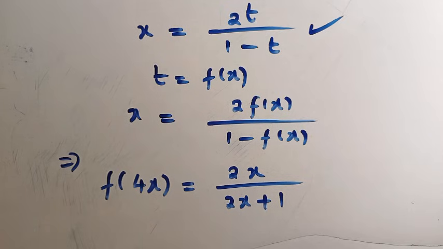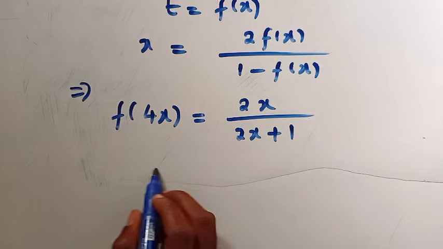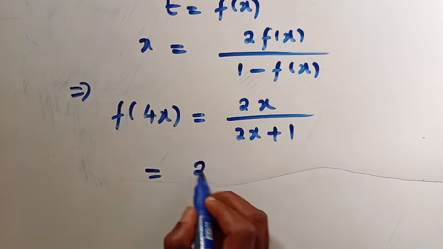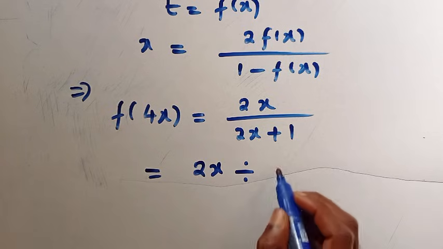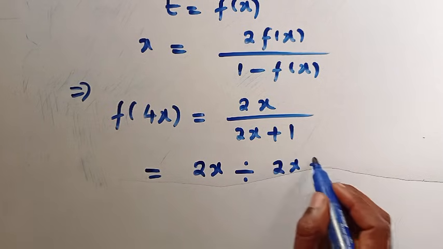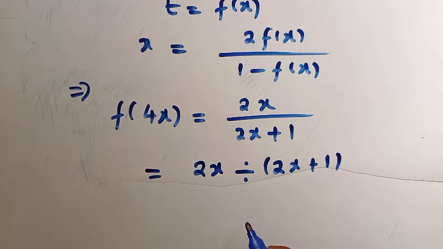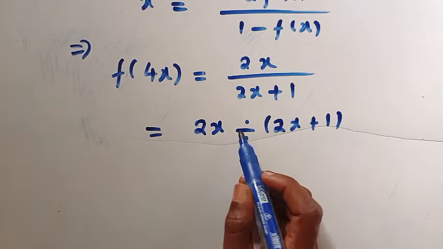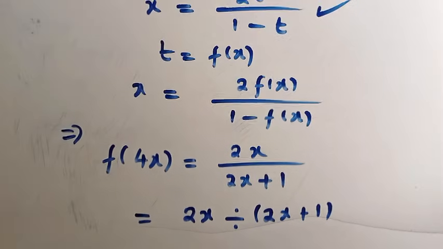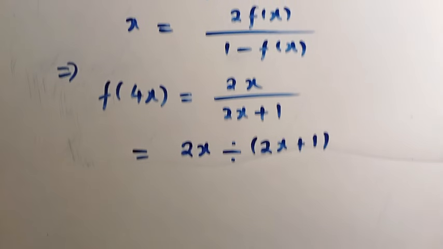For the sake of clarity, let's write this as 2x, and the division I change to a small division like this, then 2x plus 1. And let's replace x with 2 into bracket of f(x) over 1 minus f(x).